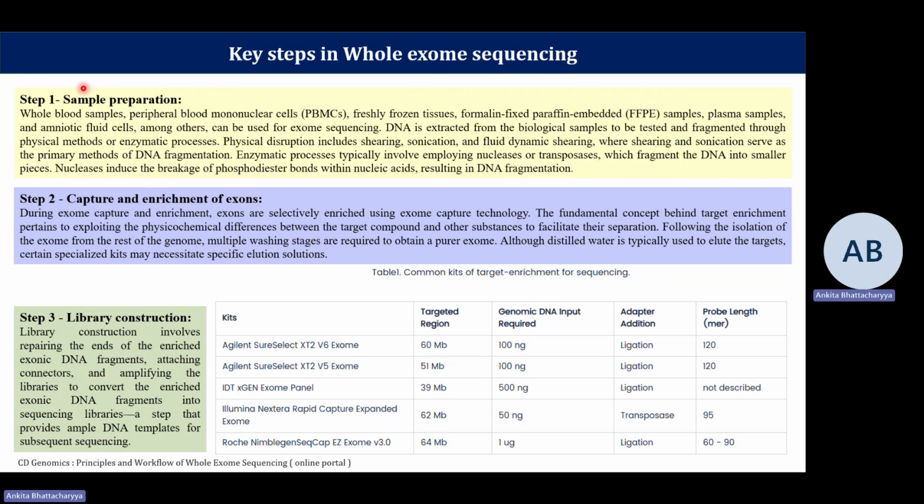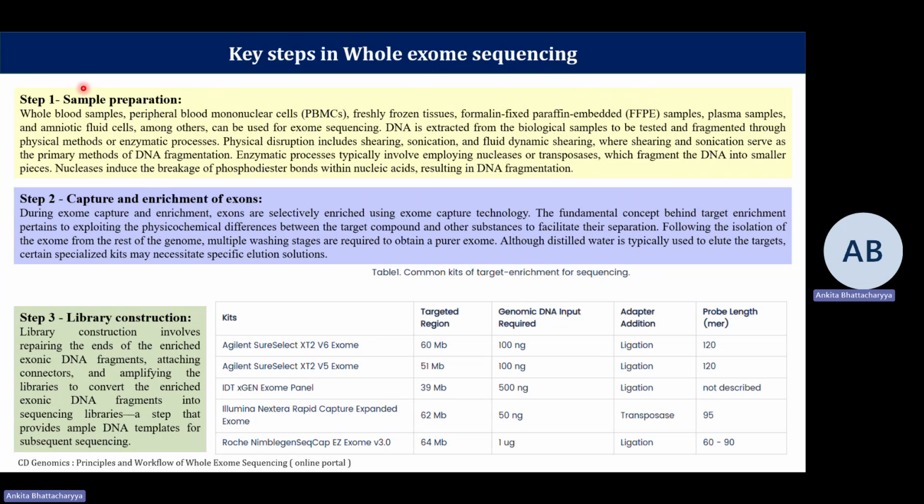Following the isolation of the exome from the rest of the genome, you perform multiple washing steps to refine or to obtain a pure set of only the coding regions of the genome, or only the exome of the particular cell or of the population of exomes for a particular sample.